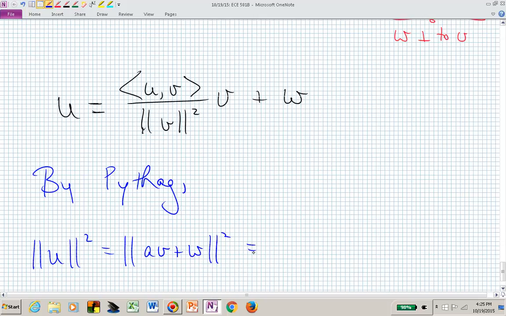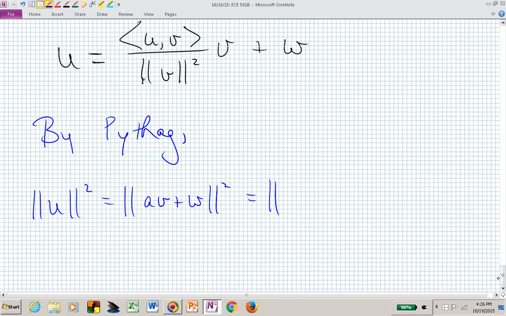But remember the Pythagorean theorem. If these two vectors that are added together are orthogonal, we can say that's equal to the norm of av squared plus the norm of w squared. Let's go ahead and rewrite a in all of its expressive form.